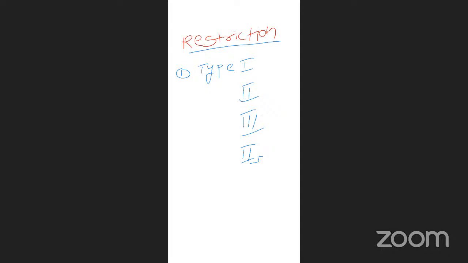First, let's see type 1 restriction endonucleases.